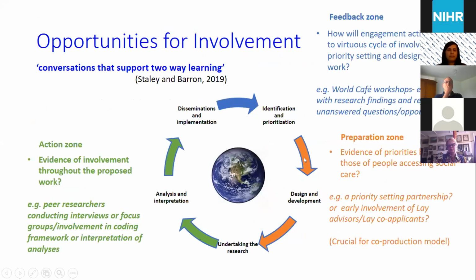So what about the how, the opportunities for involvement? In the CUSO PRU, we have a PPI strategy and frame public involvement in the way offered here by Staley and Barron, as conversations that support two-way learning and not as an intervention or a strict methodology. When public involvement is framed in this way, we can apply a wide range, and sometimes the same approaches for involvement, as in health research.